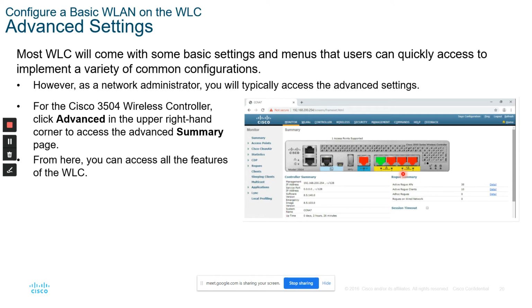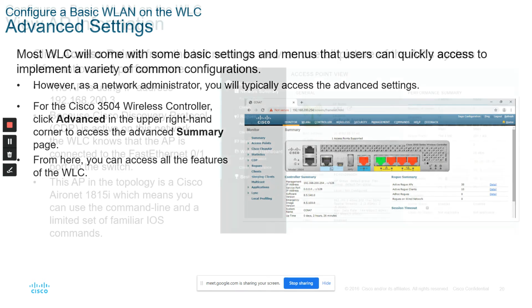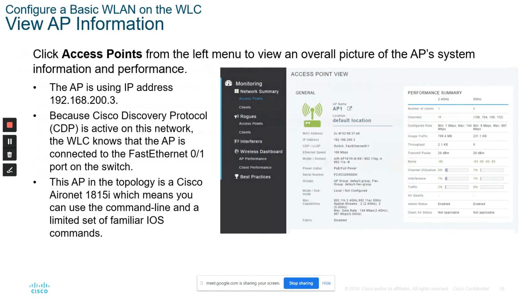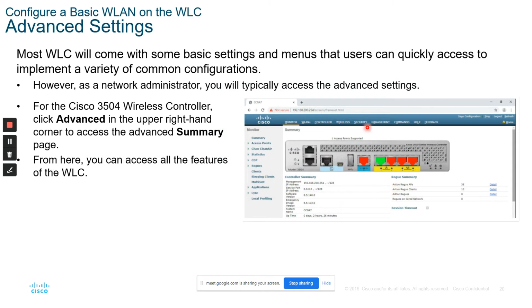Then you can also click on advanced setting. I'll show you where you can find it. You can see this little button over here, advanced setting. If you click on this one, then you will go to a page like this. This is a back end of your actual physical wireless controller.